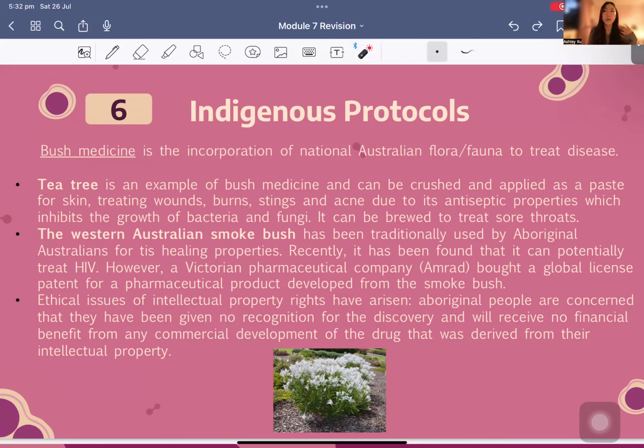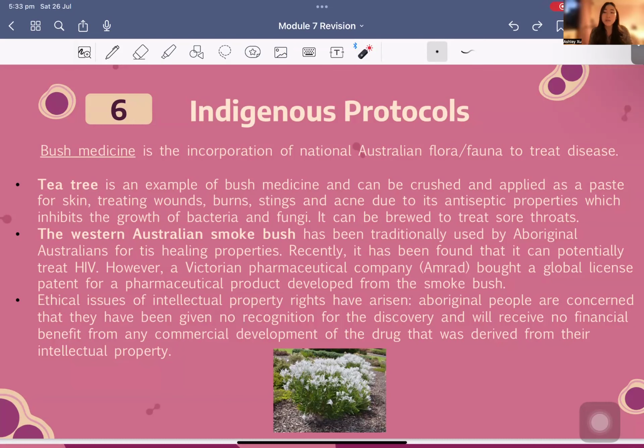That is going to be quite a big problem because it belongs to Aboriginal people. How can this big company just take out a patent? Because there are a lot of ethical issues related to intellectual property and not giving recognition to Indigenous people. There have been new rules and laws being developed by the Australian government, but it is still an ongoing process. So really know this example to back up your argument there.